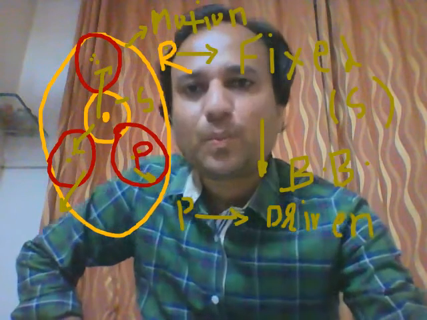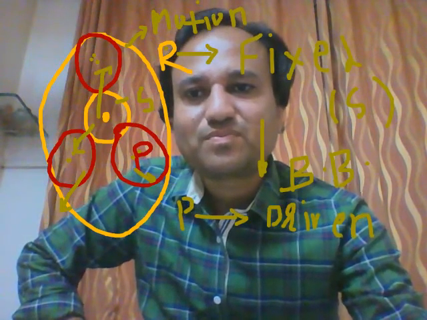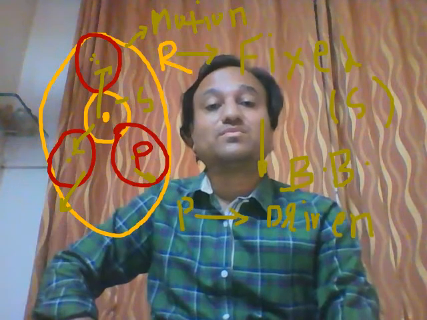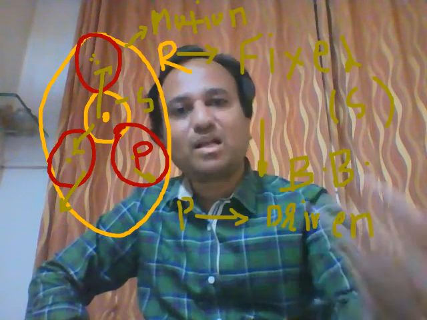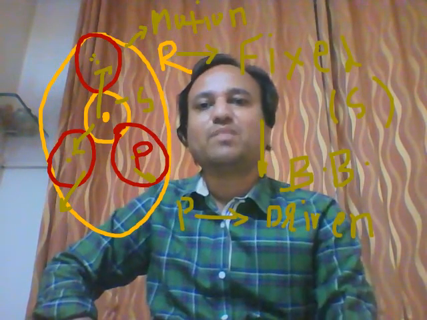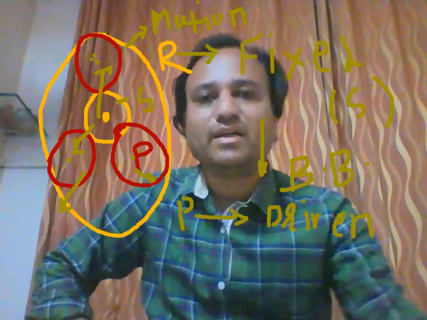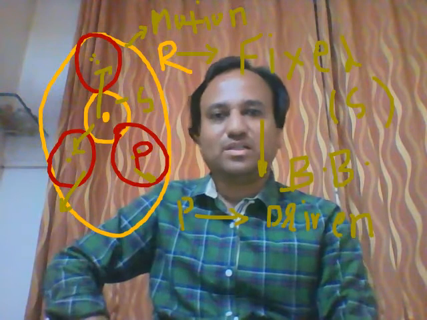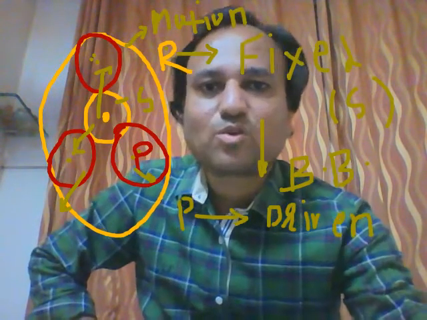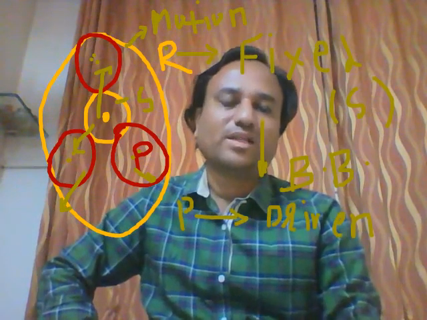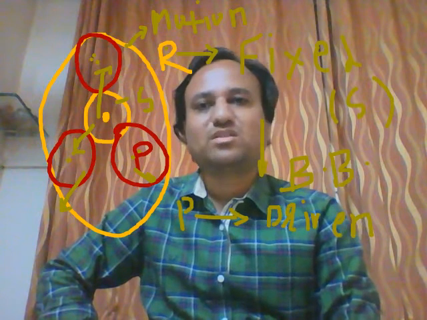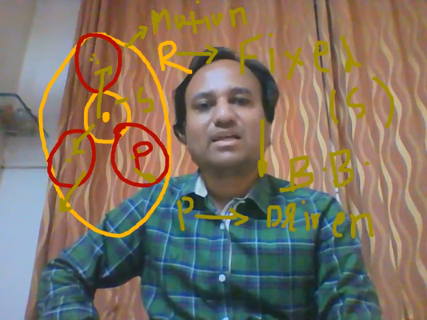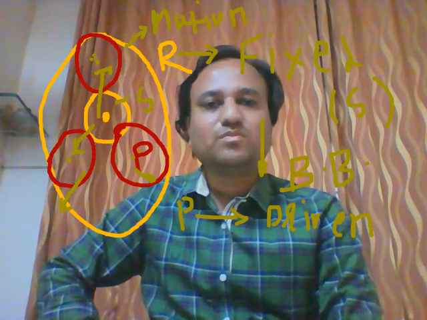So this ring gear and planet gear have internal meshing, sun gear and planet gear have external meshing. So this ring gear is also called an annular wheel. So students, just go through the epicyclic gear train in detail. Thank you.